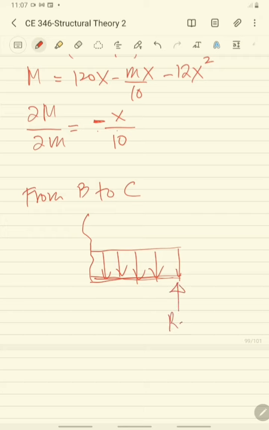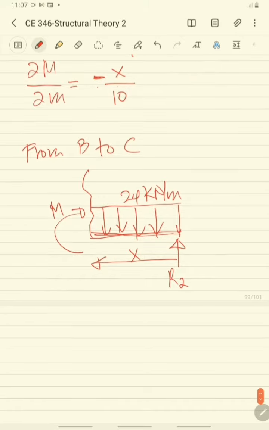This is your R2. So you have there your moment. We have 24 kilonewton per meter. So our moment from B to C is equal to R2 times x minus 24 times x times x over 2.